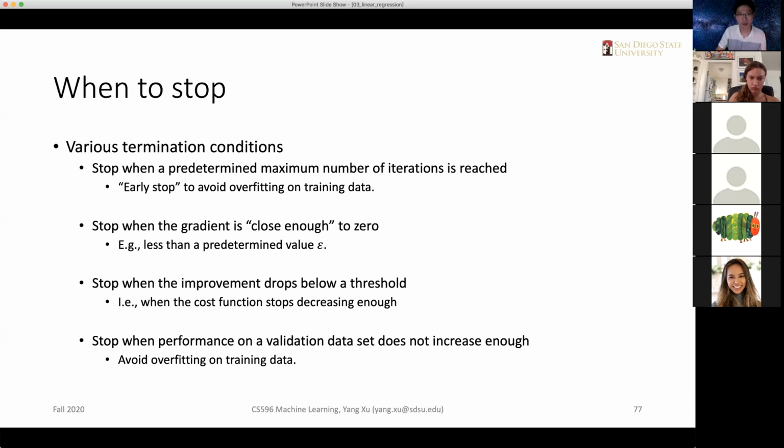These are just an early peek of knowledge that we will go through in future lectures, because we haven't talked about the split between training, validation, and testing yet. But here, since we introduced gradient descent, I think it's good to have some ideas of the basic technique that we will deal with.